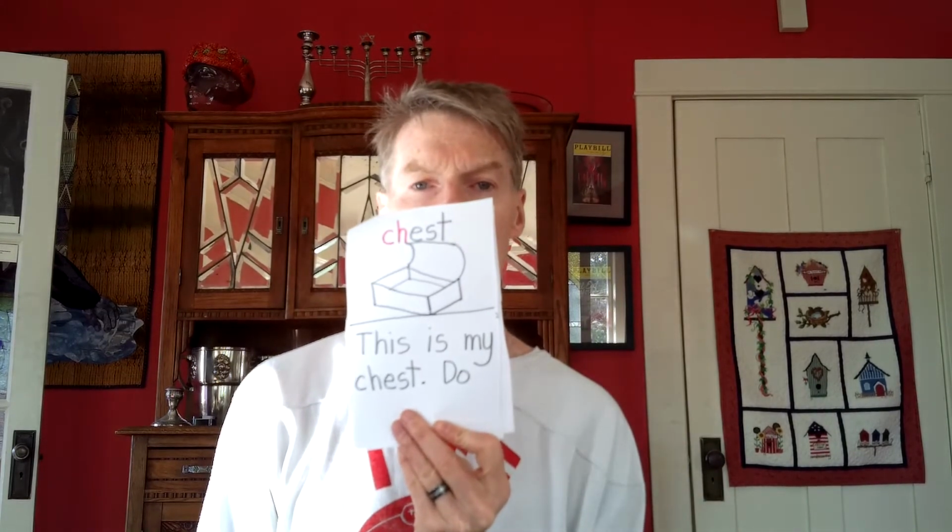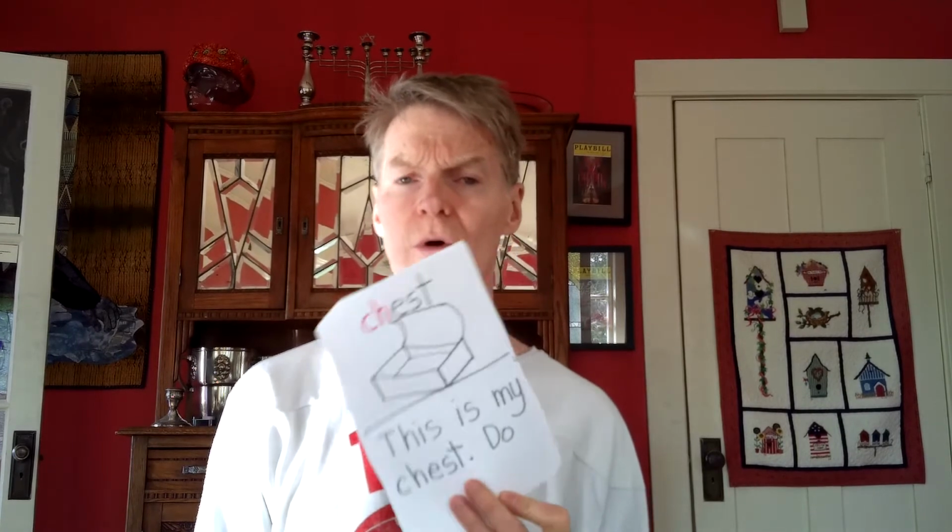Next, we're going to write a question sentence. So it will start with the kindergarten word, do. I ran out of space to write the word you, but you can write it there or use your space bar to put underneath that.